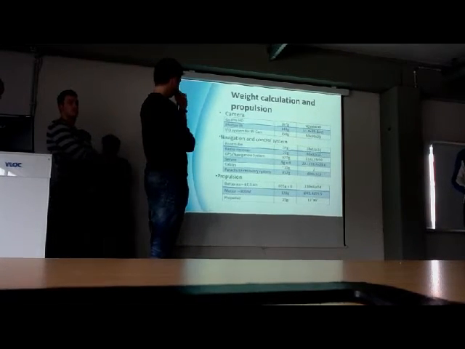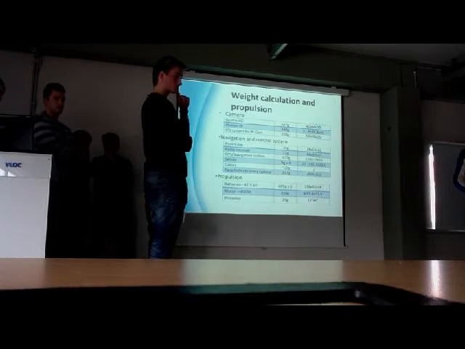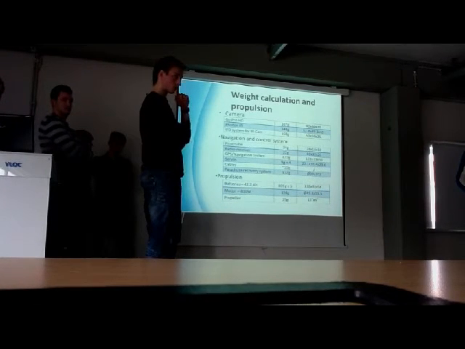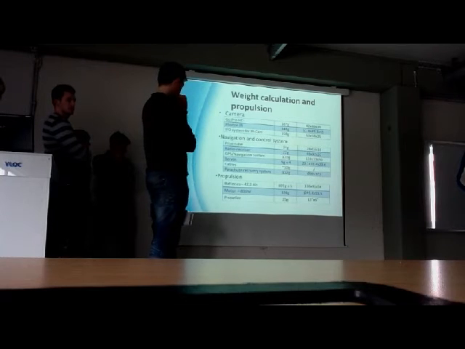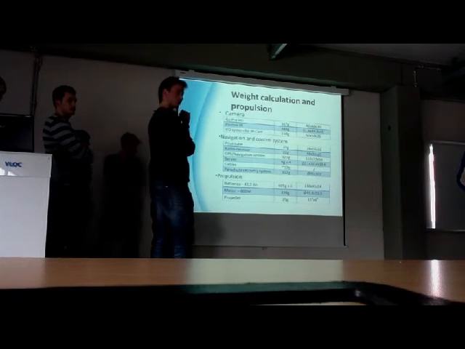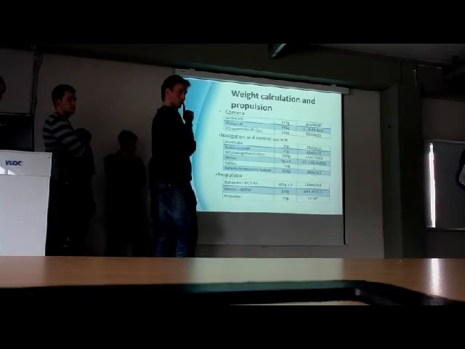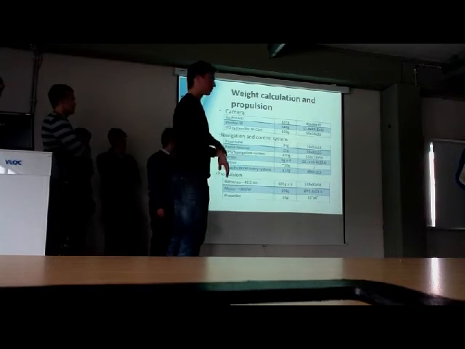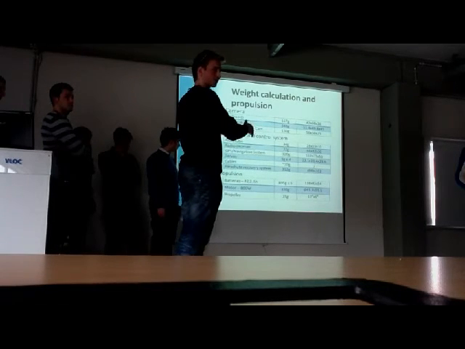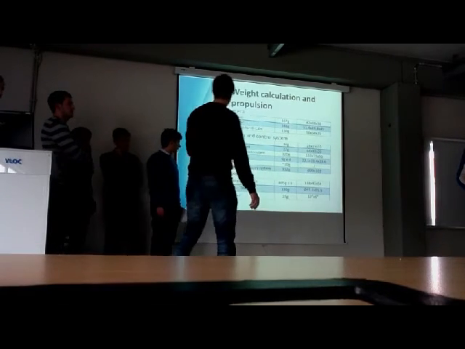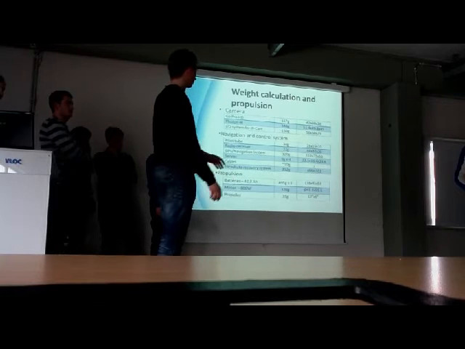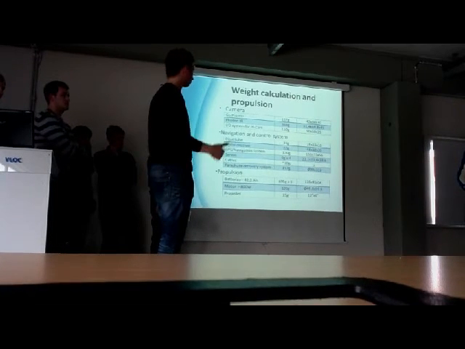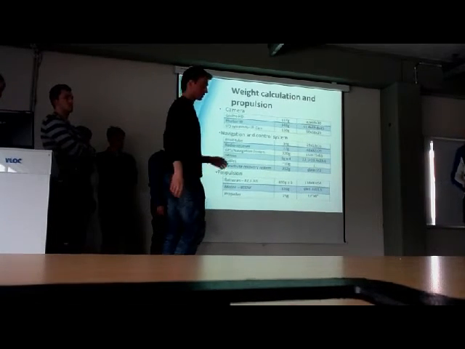At the last part, the propulsion, the motor is mentioned at 320 grams. But the motor needs a speed controller. Is this included in the 320 grams? Okay, I can say we forgot to include it in our presentation. But we chose an electronic speed controller.